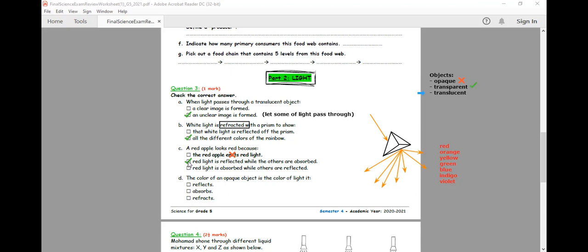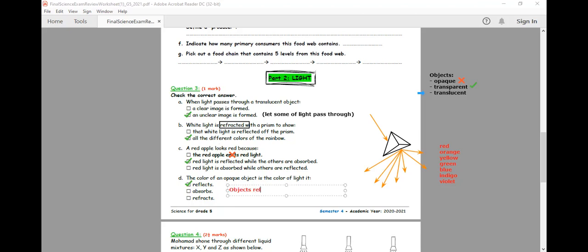The colors of objects we see are the colors of the light. They reflect, they absorb, or they refract. Which answer is the correct one? It reflects. That's right.